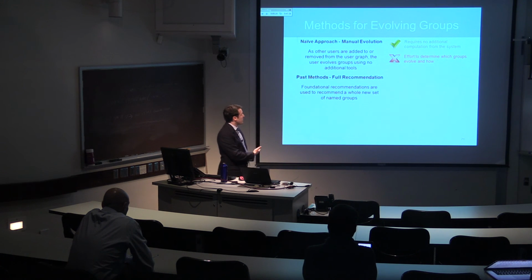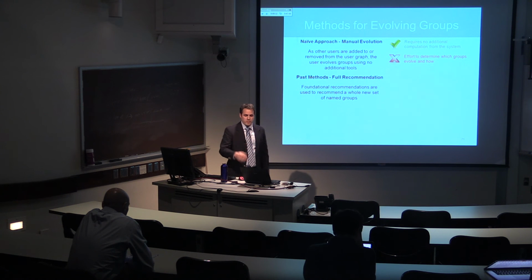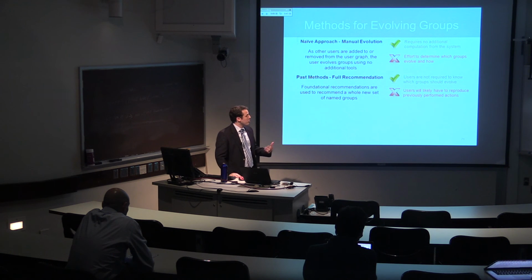She could use past methods, or full recommendation, where foundational recommendations are used to generate a whole new set of groups, and the old unevolved groups are thrown out. This is good in that users are not required to know which groups should evolve, but users will likely have to reproduce previously performed actions because they're constantly interacting with new foundational group recommendations.